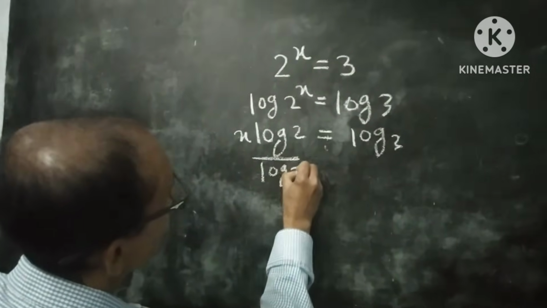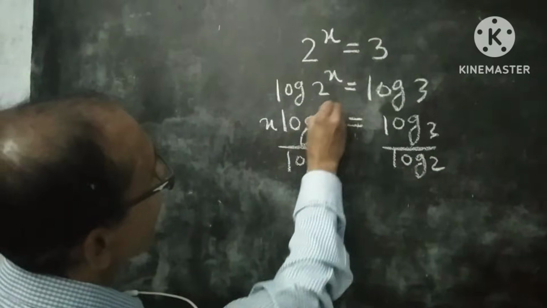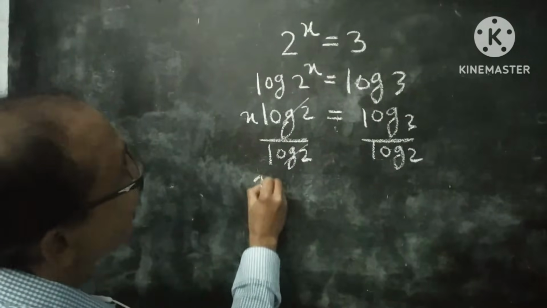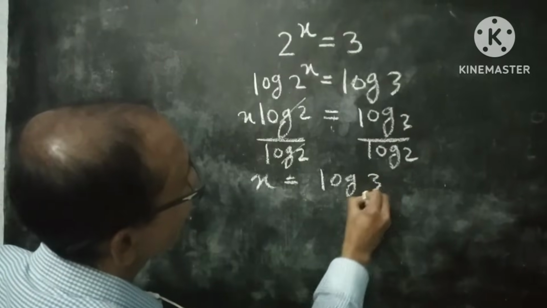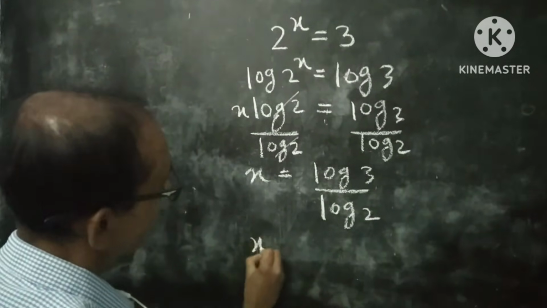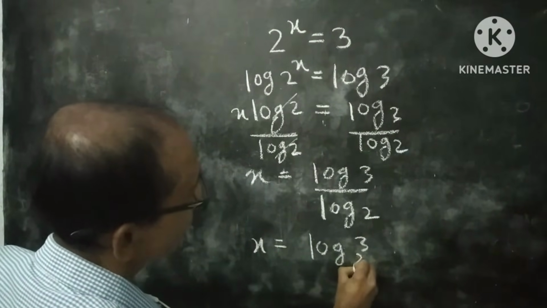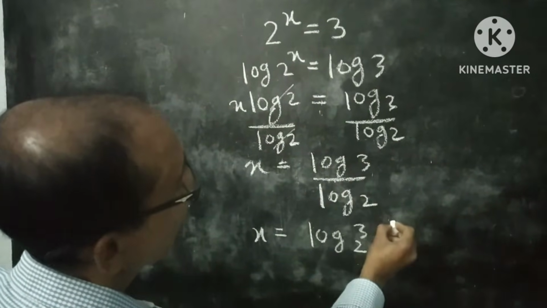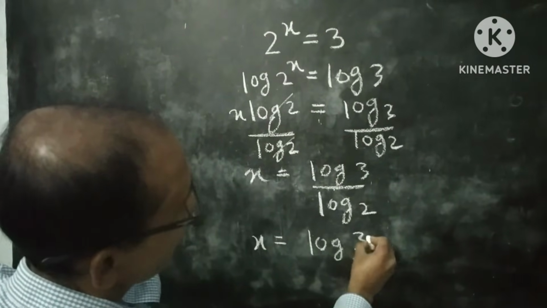Log 2 cancels, and we get x equal to log 3 upon log 2, or x equal to log 3 of base 2, because it is the formula log a by log b equal to log a of base b.